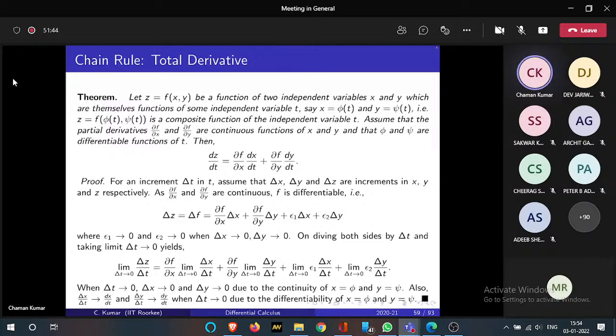But if you want, you can mention properties like a polynomial function is continuous, sine is continuous and differentiable, to claim that the assumptions are satisfied.